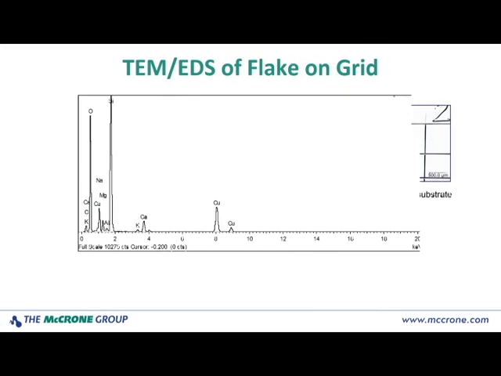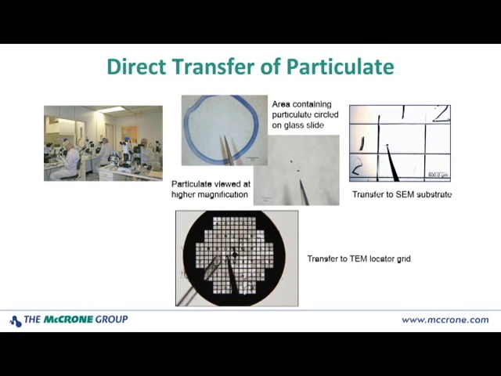We have a couple of ways of easily getting material onto TEM grids here at McCrone. And up at the top on the left, you see a picture of cleanroom microscopists at work in our ISO Class 5 cleanroom. They have combinations of polarizing light microscopes and stereoscopes for examining and isolating a variety of samples. In the center at the top, you see, in this case, a glass slide, but it could as well be a filter or some other type of substrate.